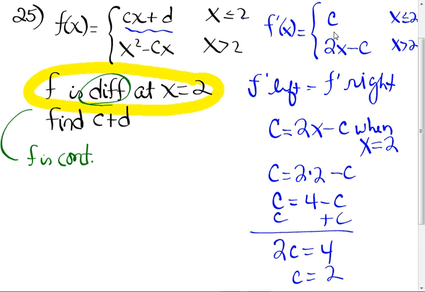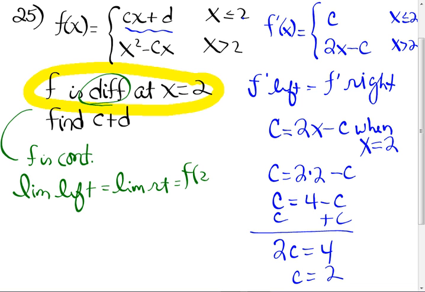If you have a differentiable function, you have a continuous function, which means that the limit from the left of my function has to equal the limit from the right, which also has to equal f of 2. That's the true continuity.